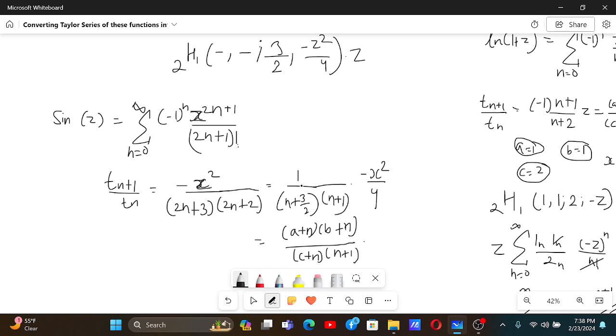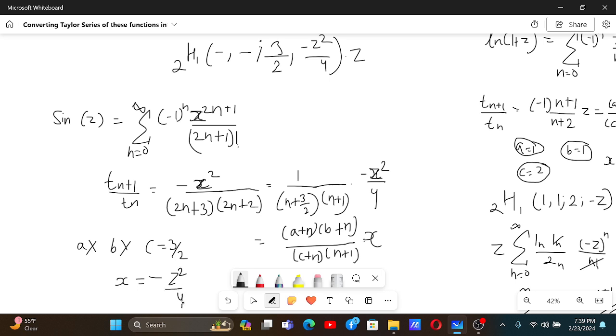Now if we compare both of them, we can't really put a or b as anything because they will never cancel out with denominators. So we can't have any a, we can't have any b. We can have c as 3 by 2 and the other one is the same, and z is minus g square by 4.